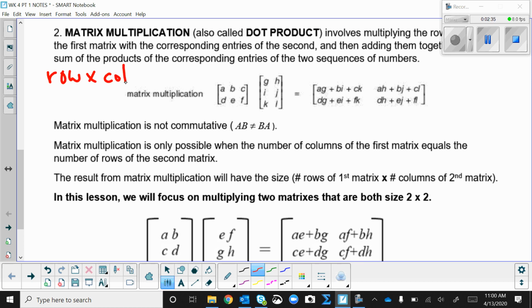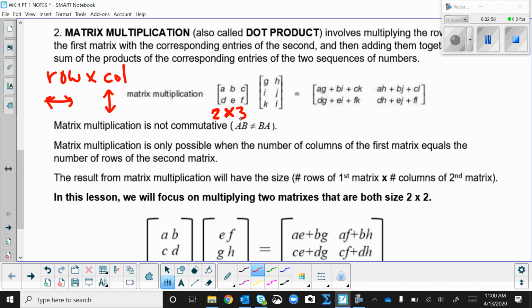The rows are 2. Remember, rows are horizontal. So we have 2 rows by how many columns? Remember, columns are vertical, like columns on a building. 3, okay?